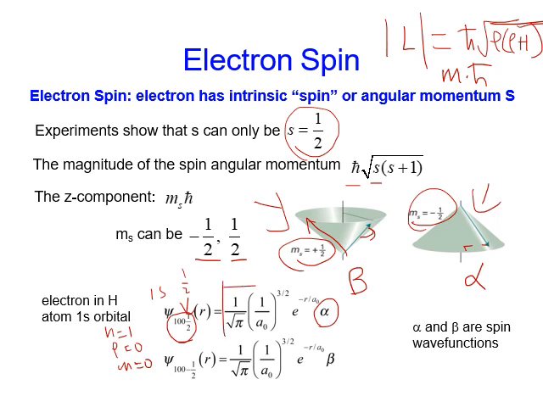This is the spatial wave function that you already saw when we talked about the hydrogen atom, but now you multiply by the spin wave function alpha. Similarly, for the beta state, ms is negative 0.5, and the wave function is the spatial part of the 1s orbital times the beta spin wave function.